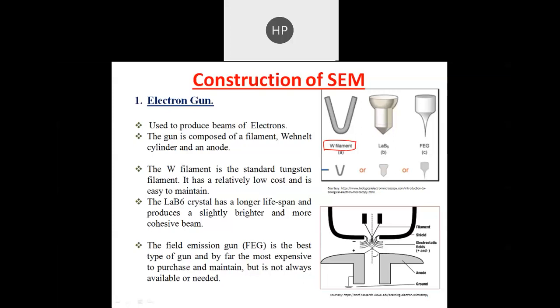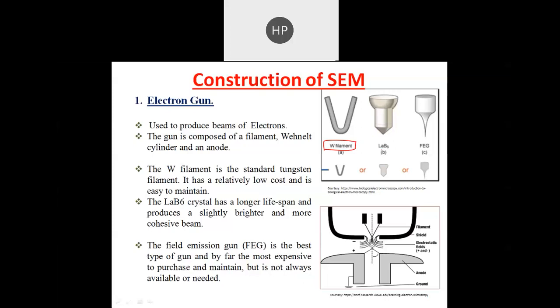As compared to tungsten filament, this lanthanum hexaboride gun has a longer life, and it also gives a brighter and more coherent beam. So when we want to focus a beam on a very small area, in that case we can use this lanthanum hexaboride type electron gun.